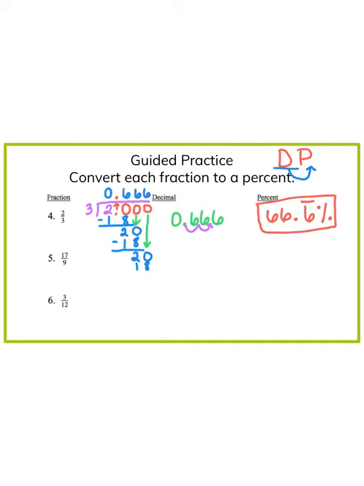In my next problem, I'm going to divide 17 ninths, and I'm going to set up my division problem up here at the top. So I'm going to place my numerator, or my top dog, inside the house.